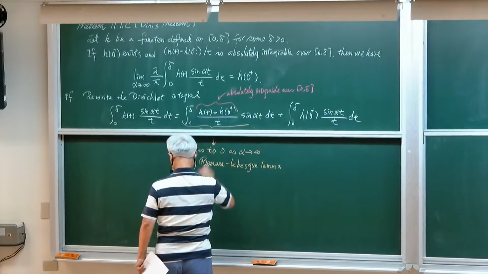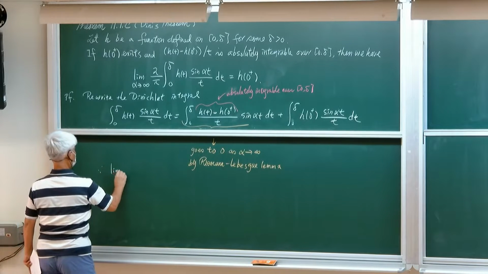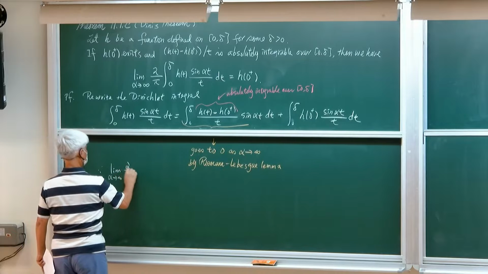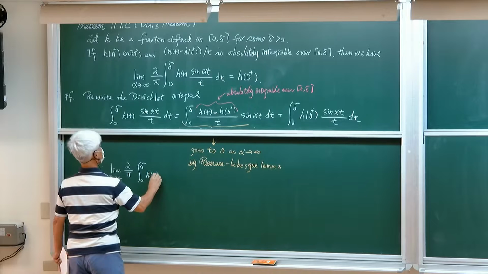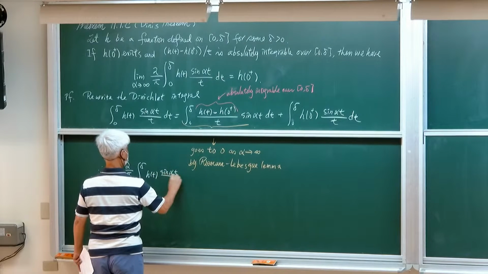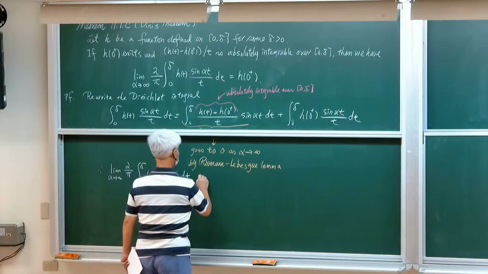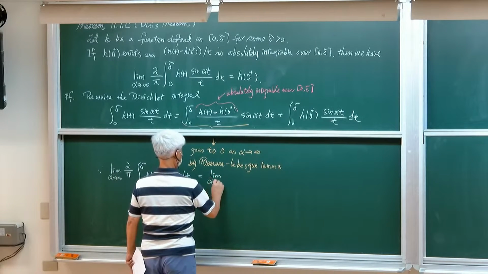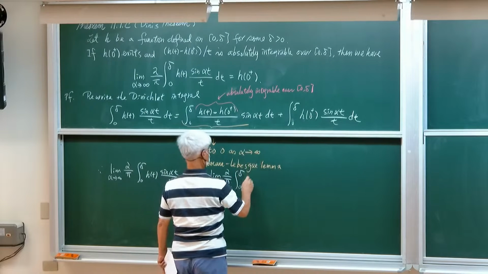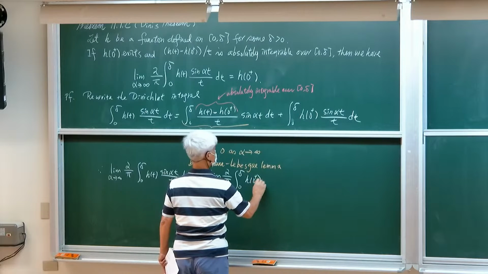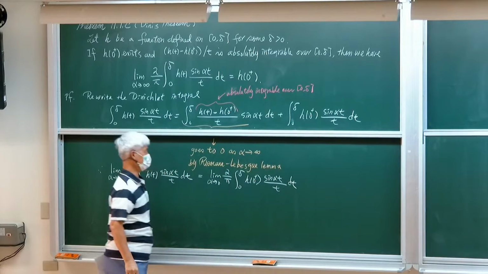So now, as alpha goes to infinity, our original Dirichlet integral has its limit equal to this limit.